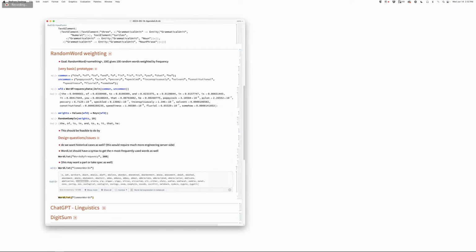We should just have a thing called sorted common words or something like that. I think the problem with word list is that it doesn't include, for example, inflected words, but word frequency does. Well, we have to put those together with word list. We do. You can include inflections with word list, right?